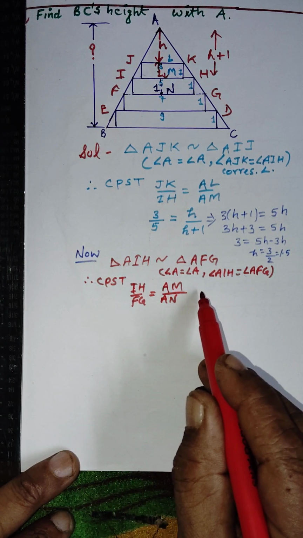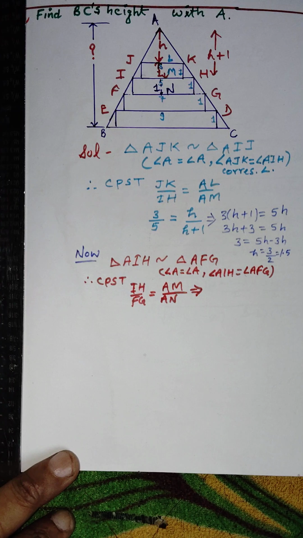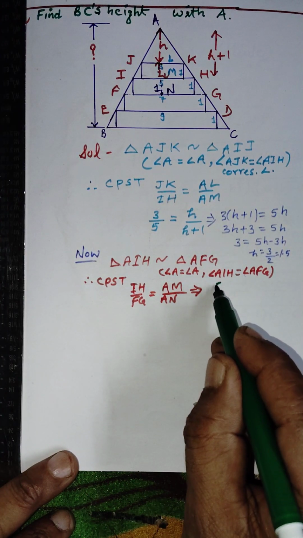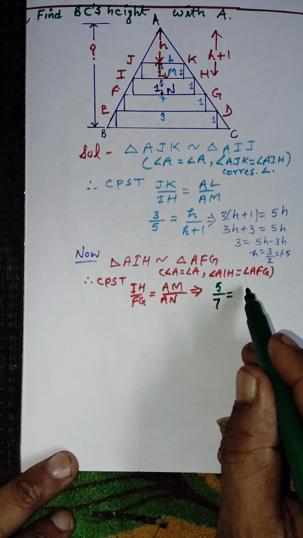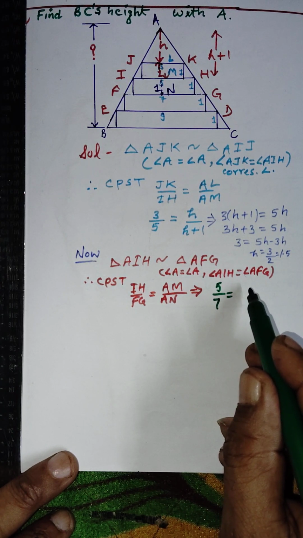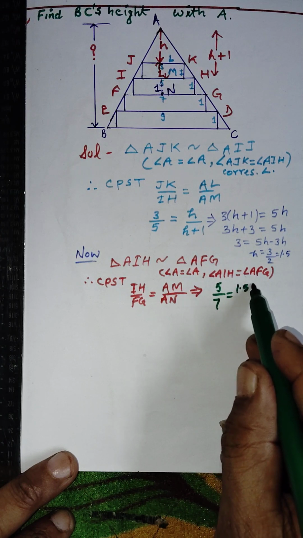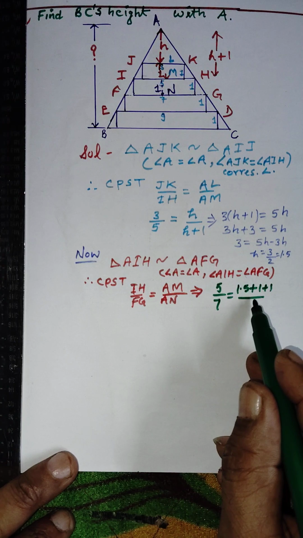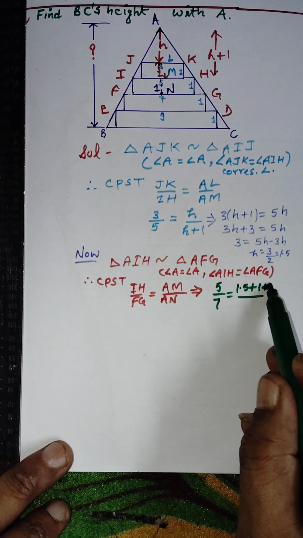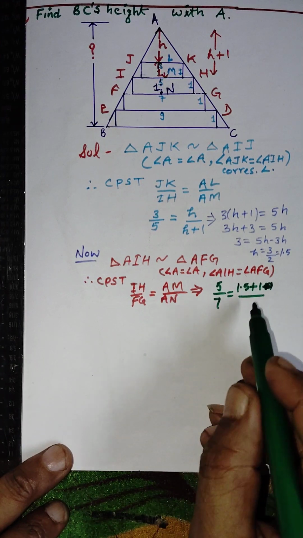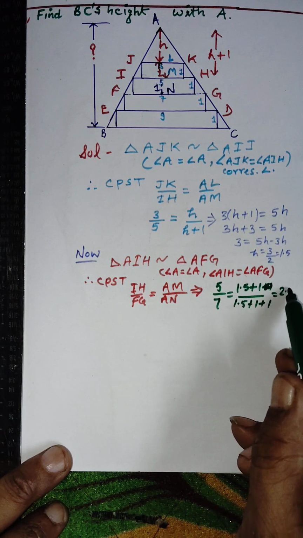IH is 5, FG is 7, AM is H plus 1 plus 1, so with H as 1.5 it becomes 1.5 plus 1 plus 1, which gives 2.5 over 3.5.